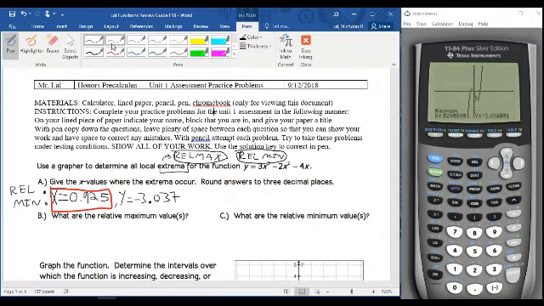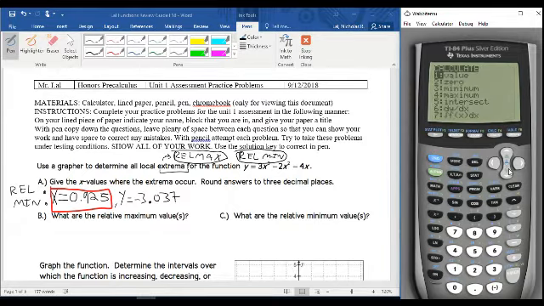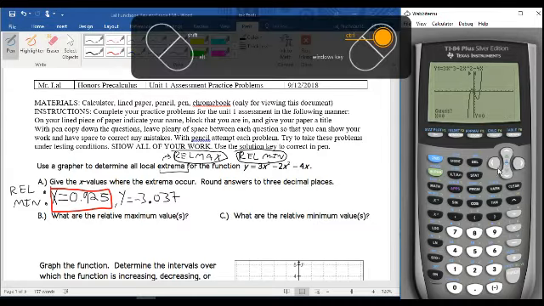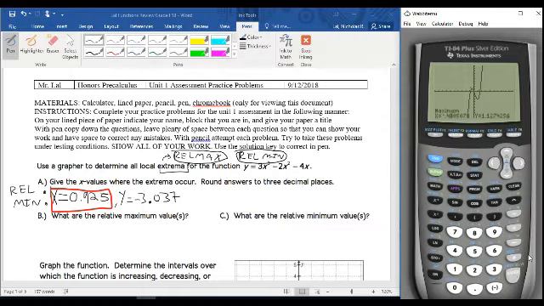And to find the relative max, we do the same thing. We find our maximum. When we go to a maximum point, we select a left bound point and a right bound point, and then we find our best guess. We have a maximum at x equals negative 0.481.